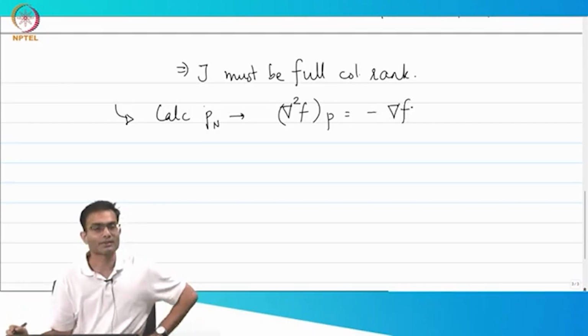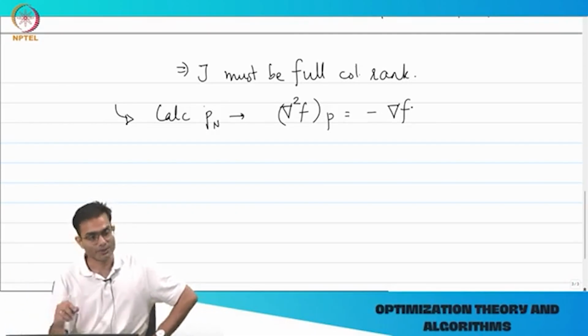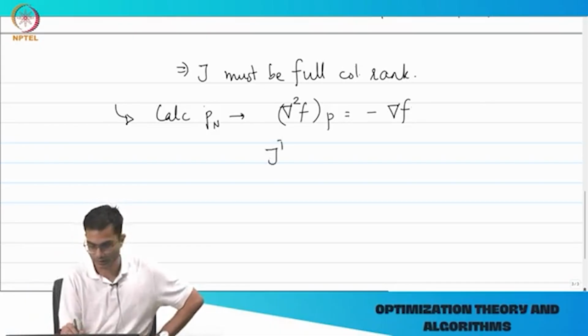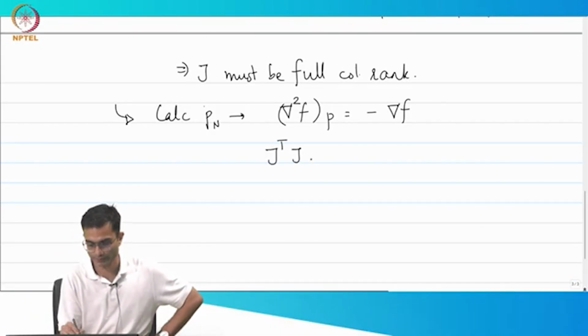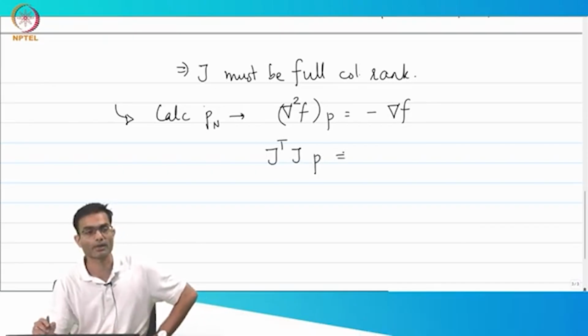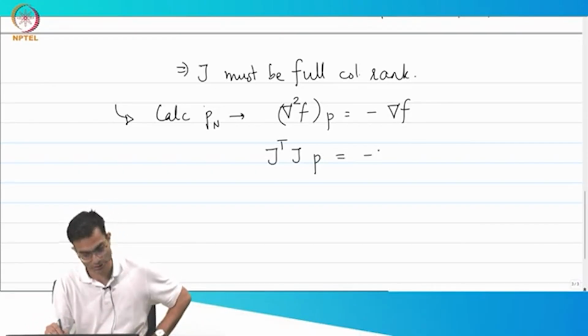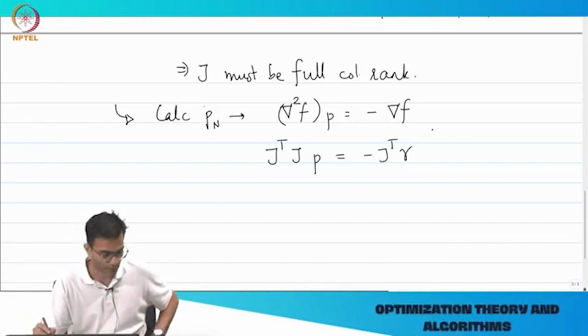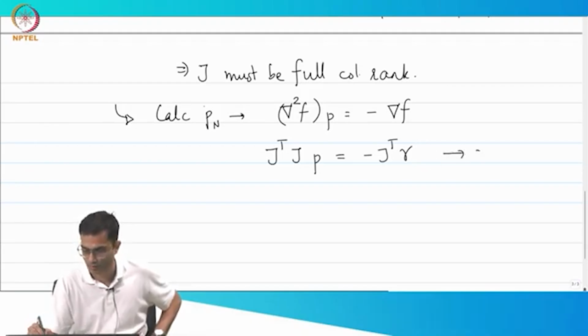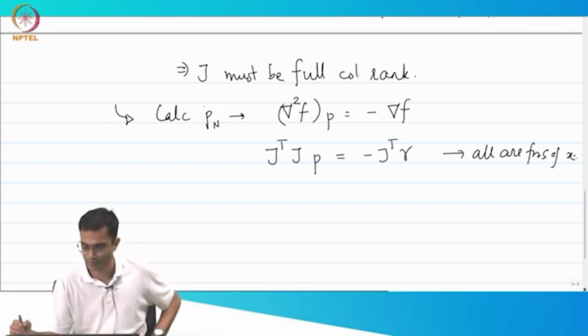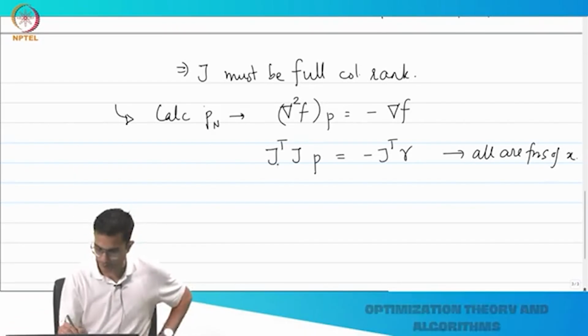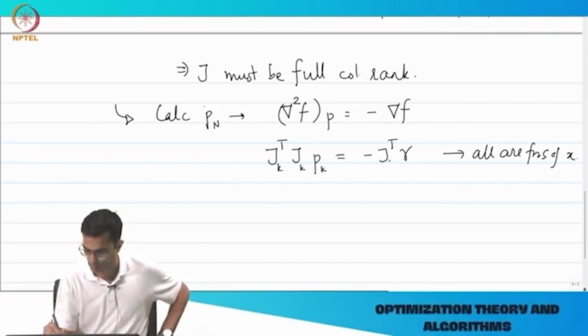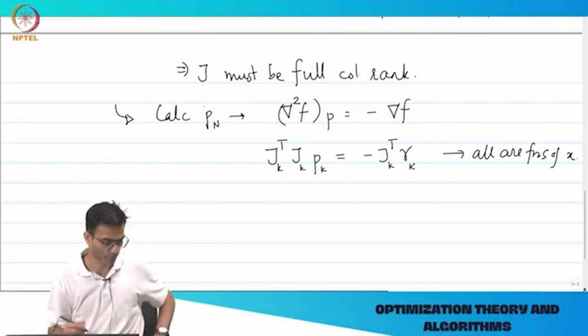So what is del squared f under the approximation? J transpose J, p remains here, and grad f is J transpose r. These are all functions of x. They look like constants over here, but actually we should be putting the subscript for the iteration on each of these.